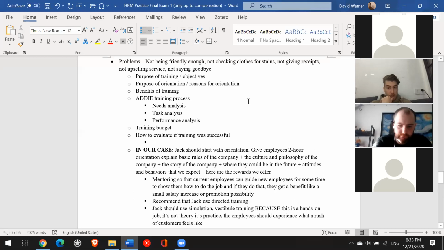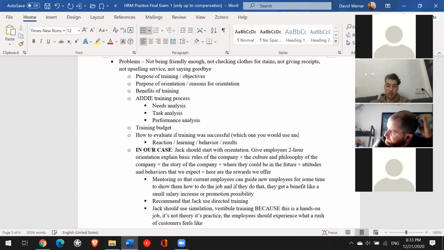So how do we evaluate if it was successful? Reaction, learning, behavior, and results. And in a really good A+ answer, you would tell me which one you would use to evaluate it and why.